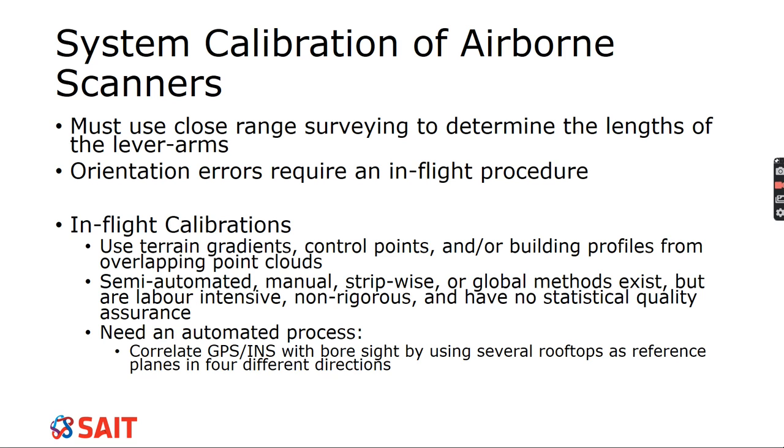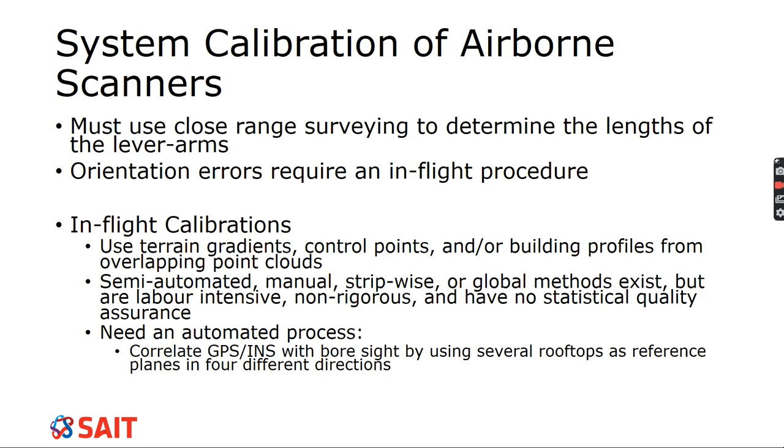For the system calibration, for range, we need close range surveying to determine the length of the lever arms. This keeps our INS, your GPS, and your sensor all well tied together. Then, knowing those distances, you can set the timing and adjust the time for synchronizing them together.